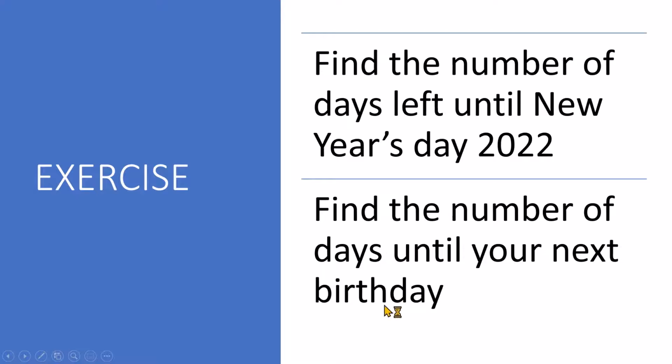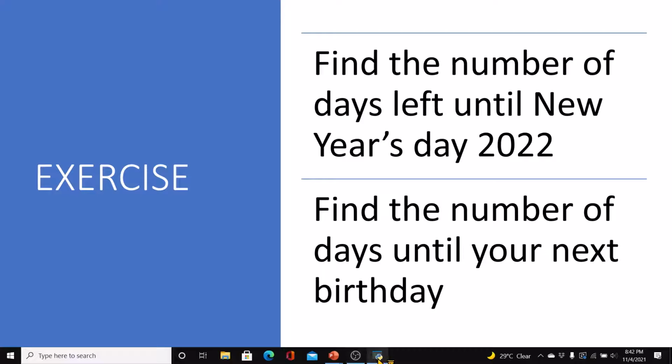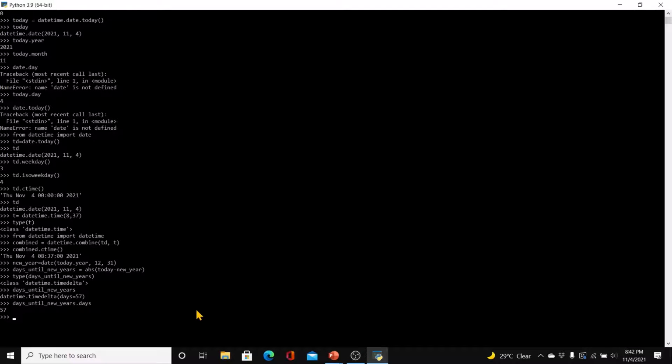Okay. Now let's do the next exercise so that you have a better understanding. Find the number of days until your next birthday. So now going back to the shell. First of all, my birthday. Let's keep that as a variable equal to date of today dot year, comma, the month when your birthday is.